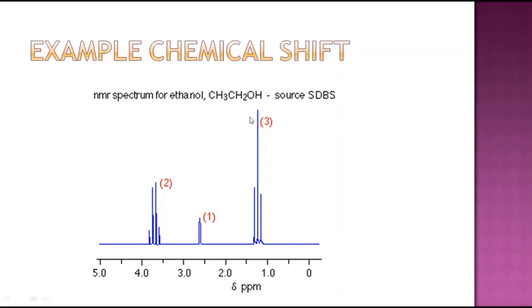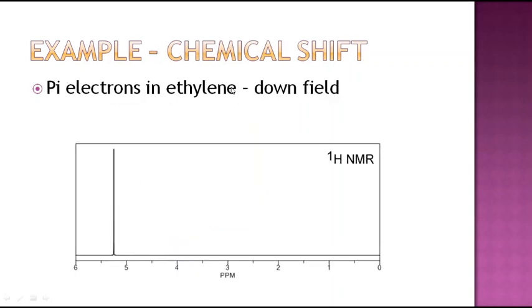The presence of an alcoholic signal, you can see here, it will go up to 4. You can also see the signal shift due to pi electrons. This is a spectrum of ethylene, CH2 double bond CH2. All 4 protons are in the same environment, therefore all 4 protons together give only one signal. But you can see the chemical shift value is above 5.